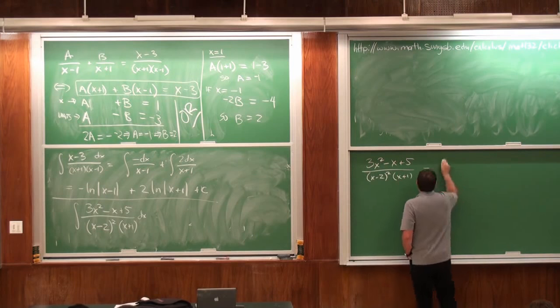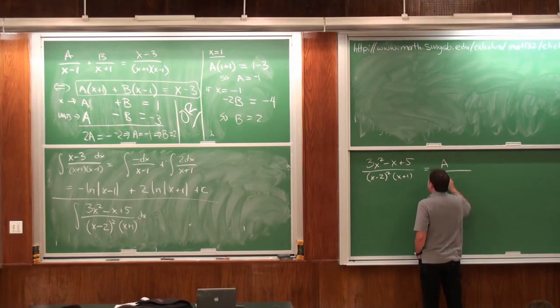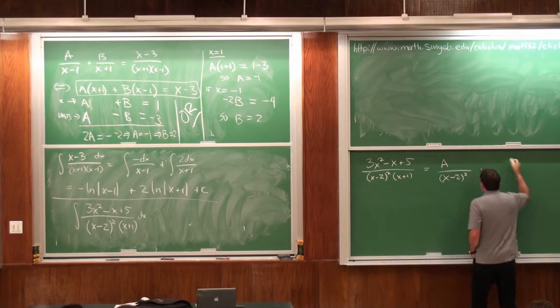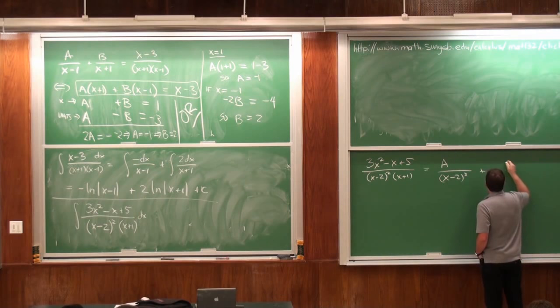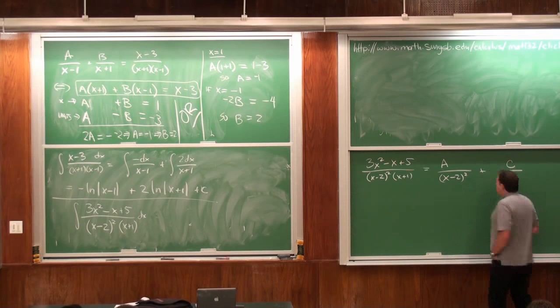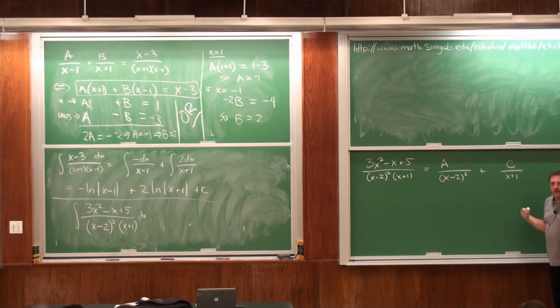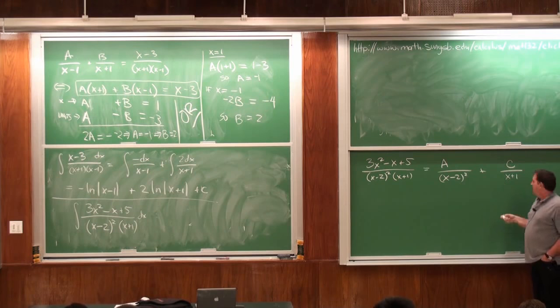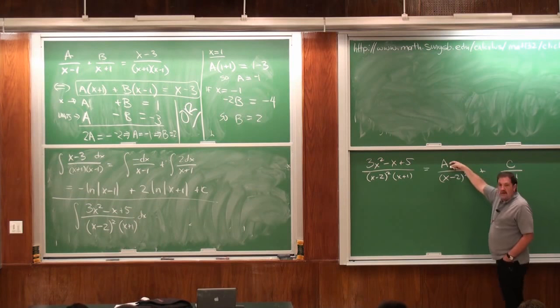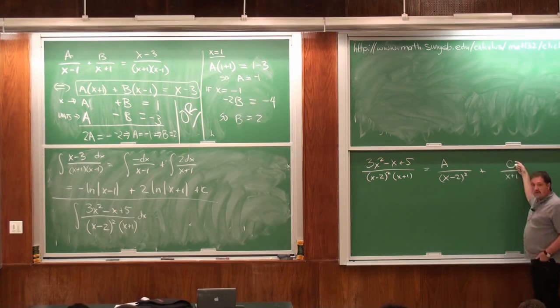And I want this to be equal to something over x minus 2 squared plus, I'm going to skip b because I'm going to use it in a second, over x plus 1. But this won't actually work because I'm going to be missing an x. This only gives me a linear term in x, and it doesn't give me full choice on the x term. It gives me full choice on the constant term. I mean, the constant and the x term are related by that.